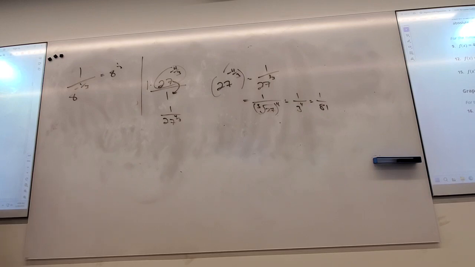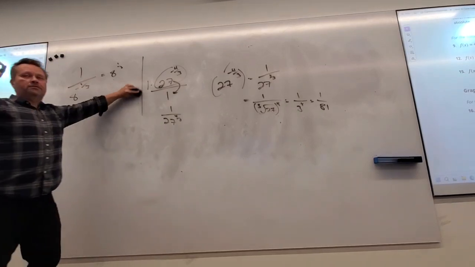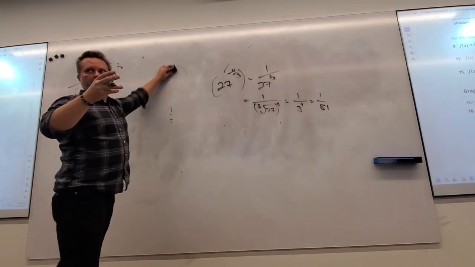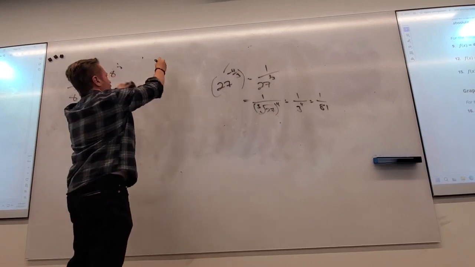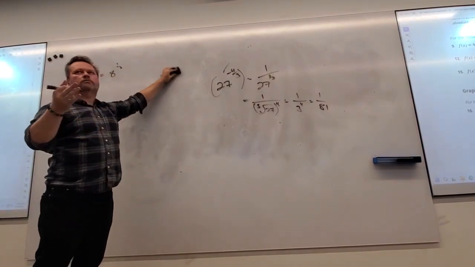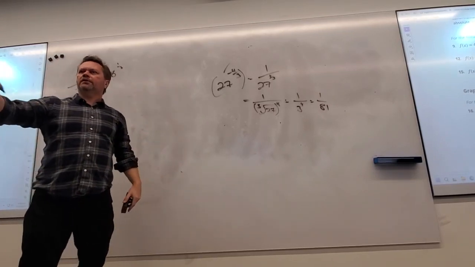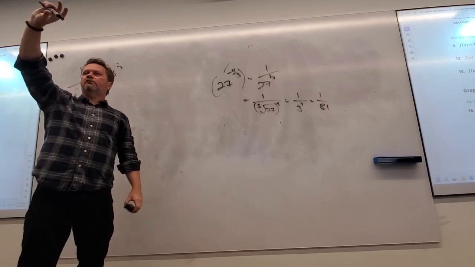So why do you have to switch it if it's to the negative power? Sort of like if I get this answer, is that correct? It could be, but it's just not reduced. So we don't leave things with negative powers normally because it's one extra thing that hasn't been done yet. Negative power means flip.